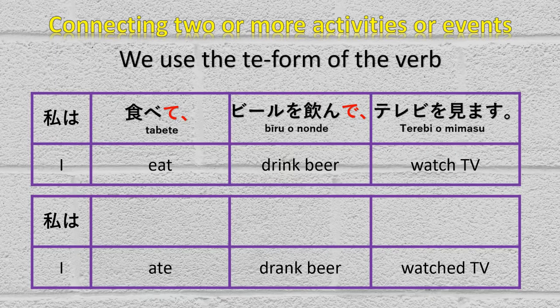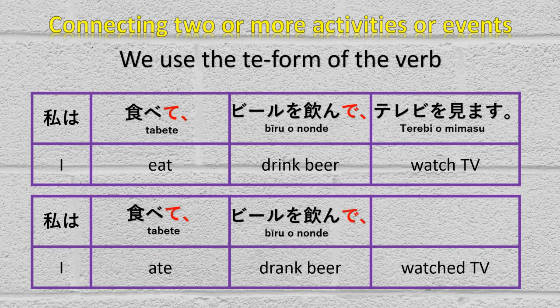Now, if we change it to past tense, I ate, drank beer, watched TV, it's the same thing. Tabete, biru o nonde, terebi o mimashita. So here, mimashita is the past tense. It means that the verbs tabete, nonde, are in the past tense also.